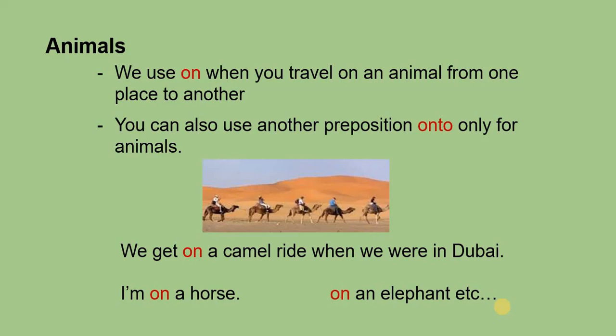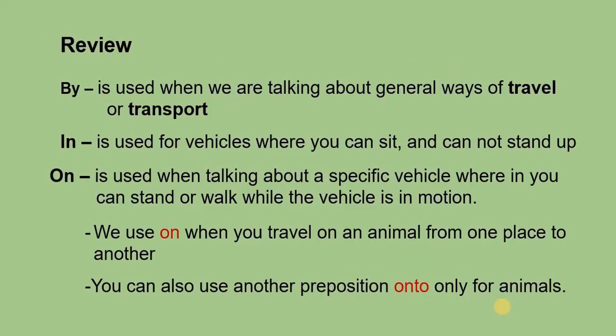However, in this vehicle, you cannot stand. You have to get inside and sit in this vehicle. You're gonna use the preposition in and you gonna use the preposition by when you're talking in general about travel. Alright?